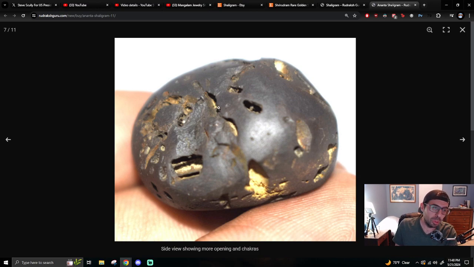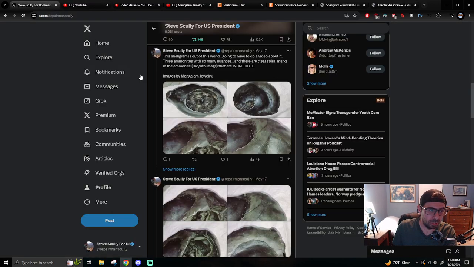Okay, before I go talking about that too much, I really want to talk about this shallogram. Dudes, it's hard to say because I've seen a lot of incredible shallograms, but this might be the most profound shallogram I've ever seen.